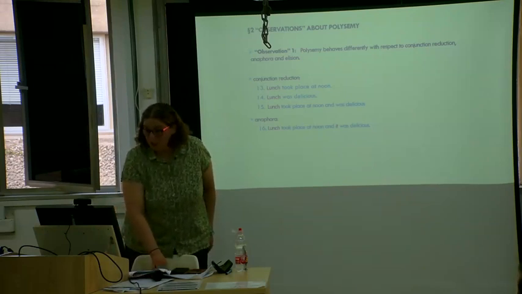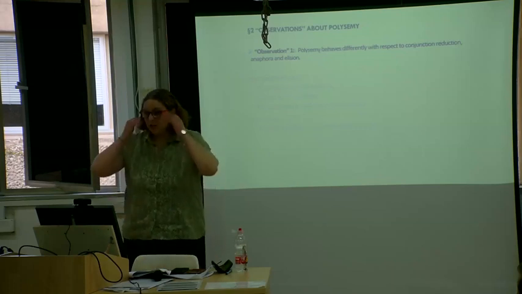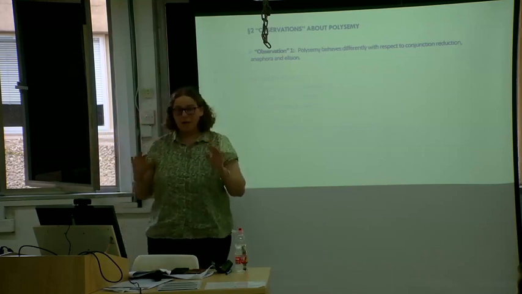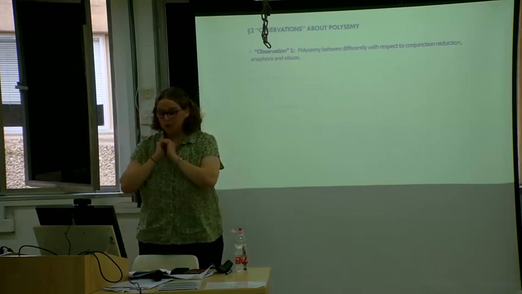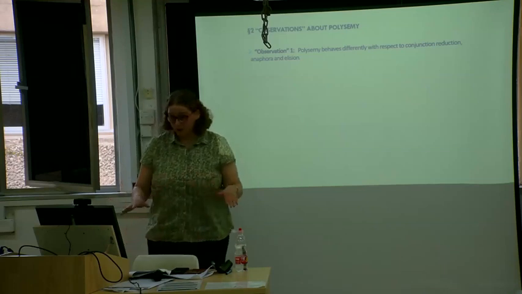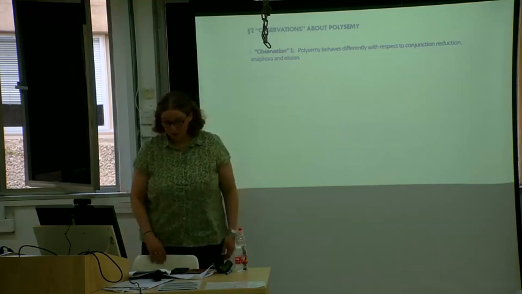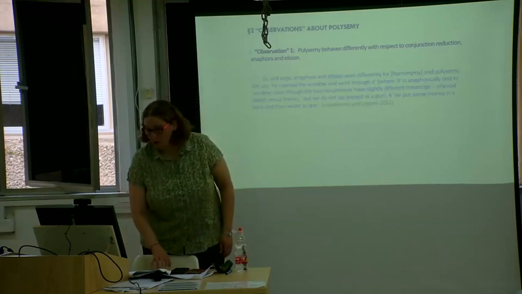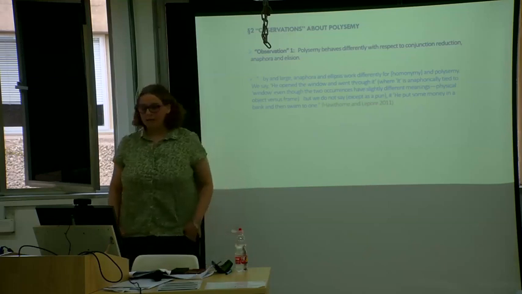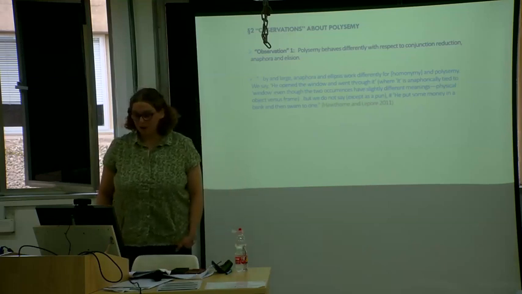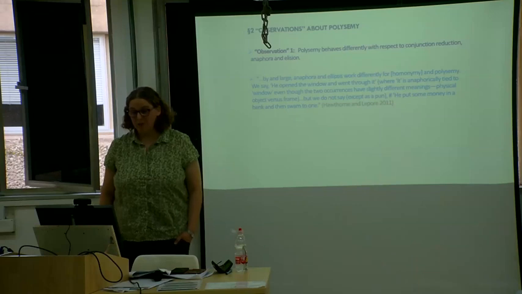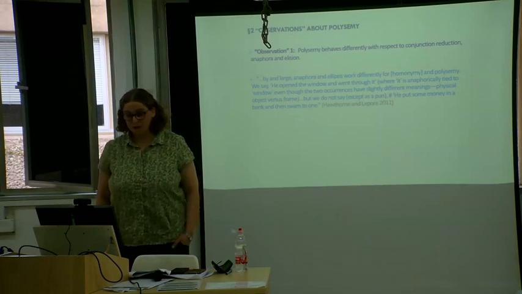Okay, so this observation is claimed by many, many theorists to be a completely straightforward observation about the difference between polysemy and homonymy. So here's one representative quote from Hawthorne and Lepore. They say, by and large, anaphora and ellipsis work differently for homonymy and polysemy.